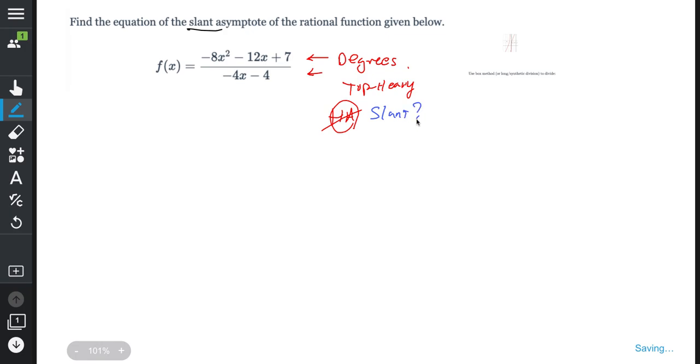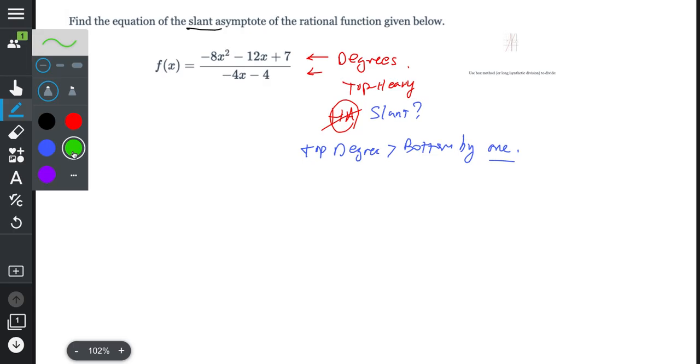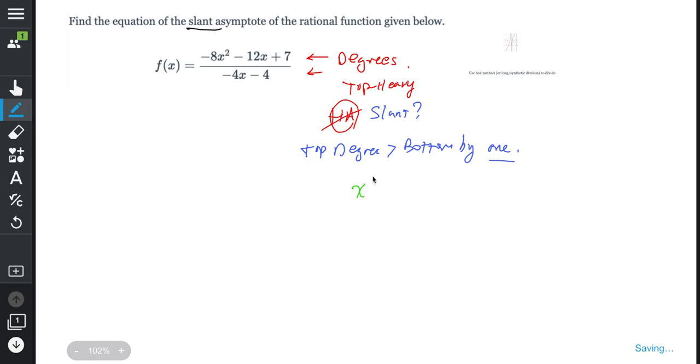And that is when the degree on top is greater than the bottom by 1. Okay? So in this case, if your lead term is x to the 5th, and your leading term at the bottom is x to the 3rd, plus smaller degree powers, no slant.